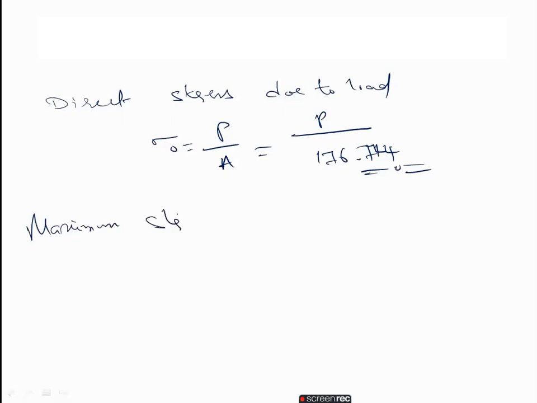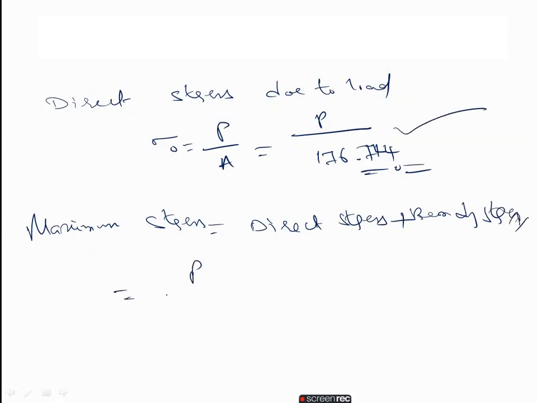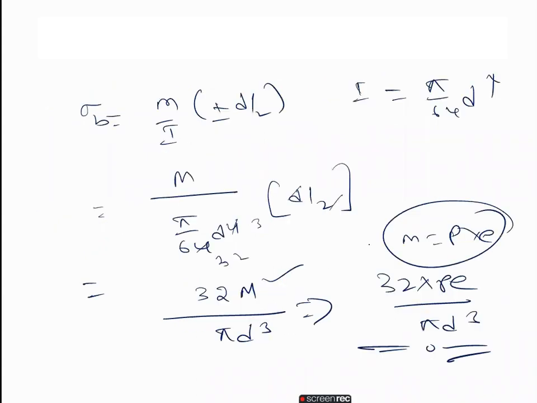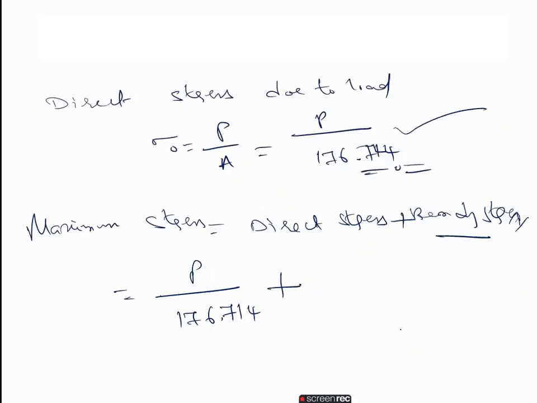The maximum stress equals direct stress plus bending stress. The direct stress is nothing but P by A, that is P by 176.714, plus the bending stress, which is 32 into P into E by pi D cube. This is the sigma max.